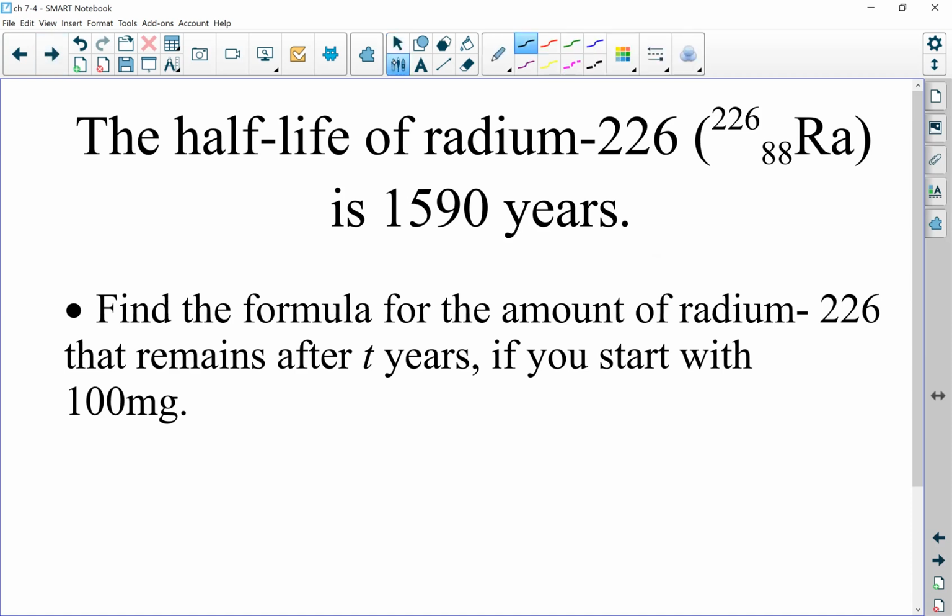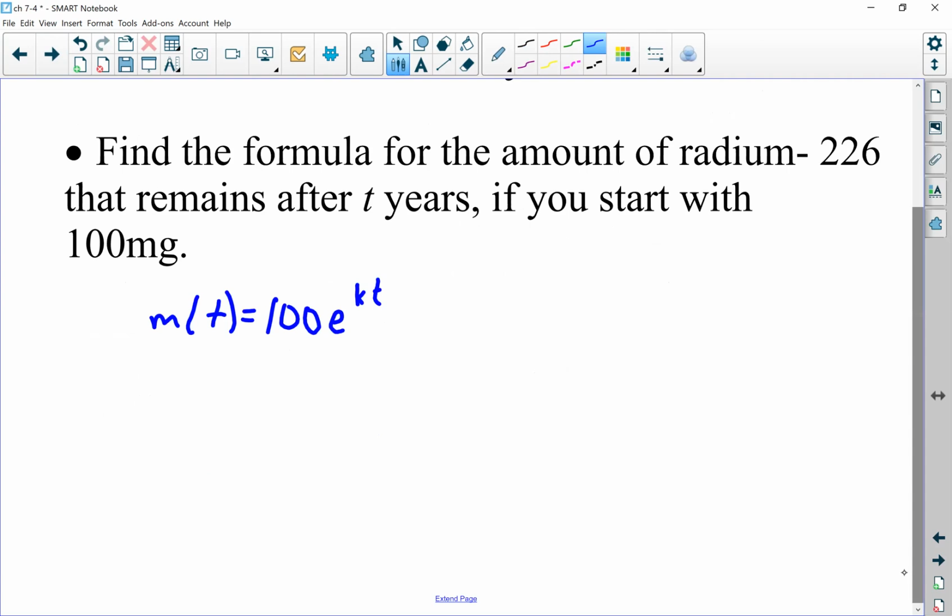So our general equation, the mass at any time t is going to be our initial mass times e to the kt. So we've got a few variables we need to solve for. We need to solve for t and we need to solve for k. With the information that we're given a time, so we can solve for k right away.